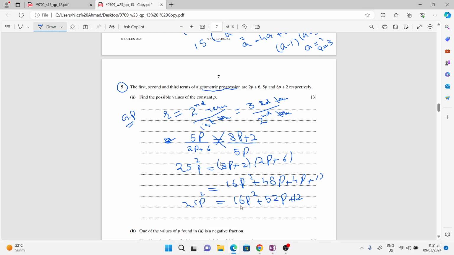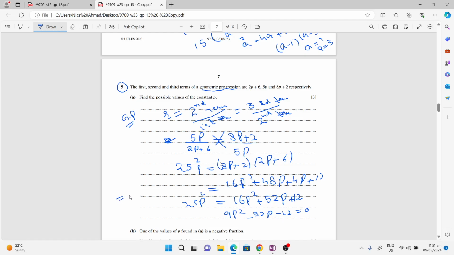If I take everything to the left side, 25 minus 16 gives me 9p squared. So it's 9p squared minus 52p minus 12 equals 0. Now you have made it a quadratic. Now you can use your calculator and directly apply the quadratic formula.